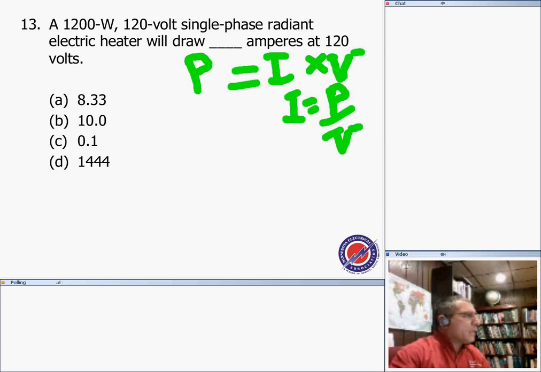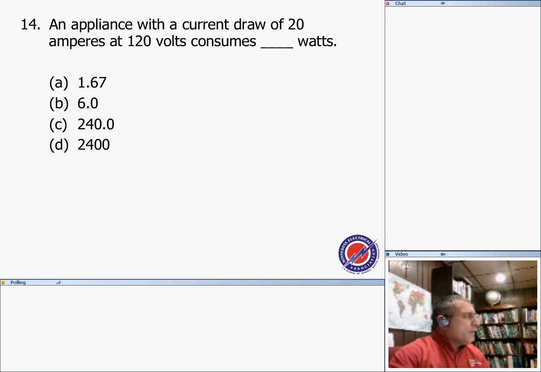That's what I'm going to be talking with you guys tonight, all night, basically. So you take the watts and divide by the voltage, and 13 should get you B, 10 amps. So 1200 divided by 120 gives amps.